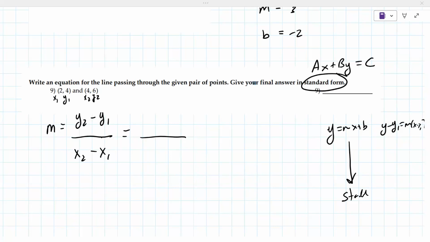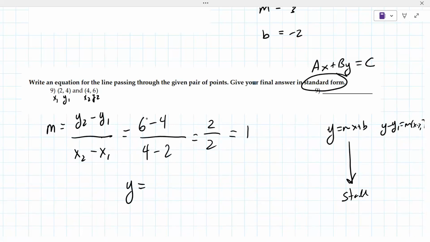So it would be 6 minus 4 over 4 minus 2. All right. So that's 2 over 2, which reduces to 1.